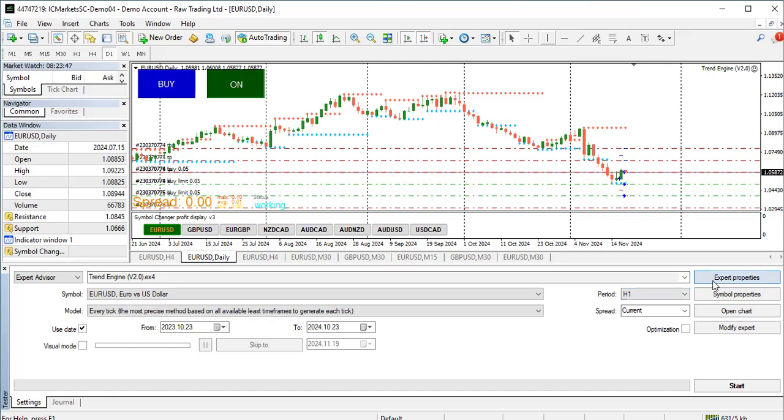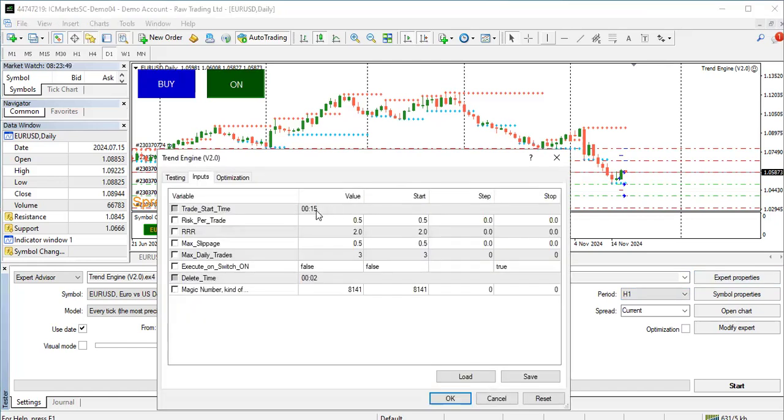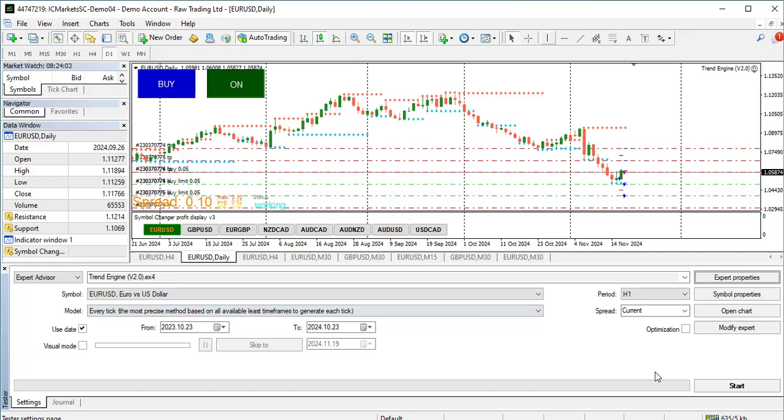So we'll go to our expert properties, I'm going to change this to 0.5, and then click OK. I'm not running a visual test because I want it to be very, very fast. If you've run this before, you know that running a visual test is a bit slower. So I'm going to click on Start.